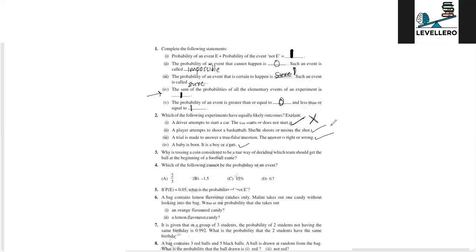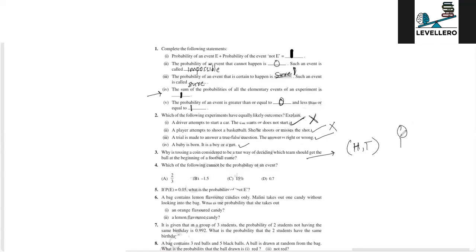Same goes with two. Question number three, why is tossing a coin considered to be a fair way of deciding which team should get the ball at the beginning of a football game? Because the probability is going to be 1/2. If you write the sample space, it's going to be either head or tail.